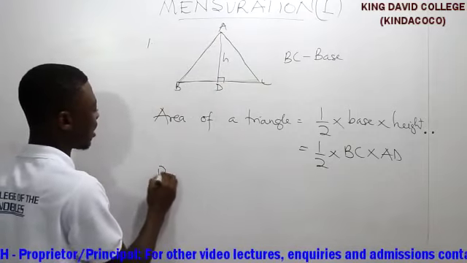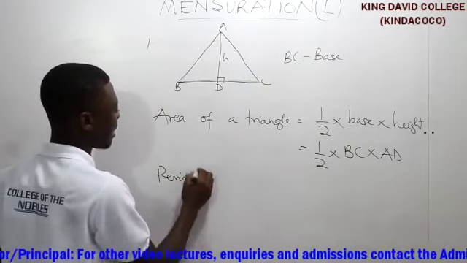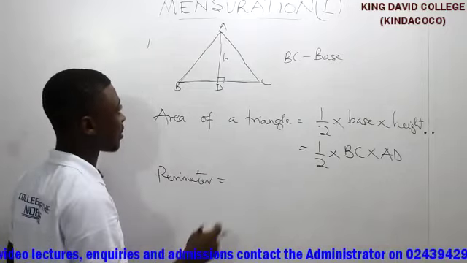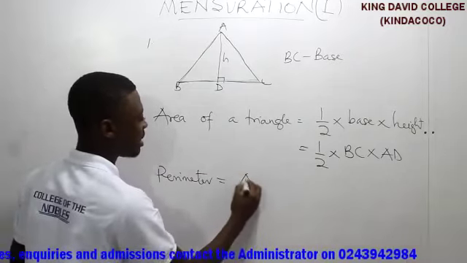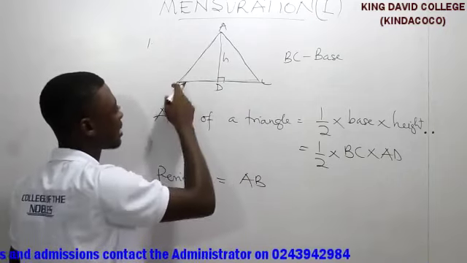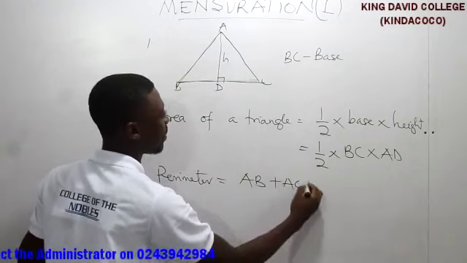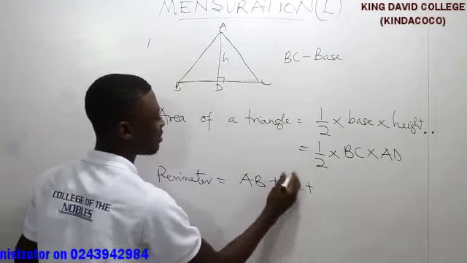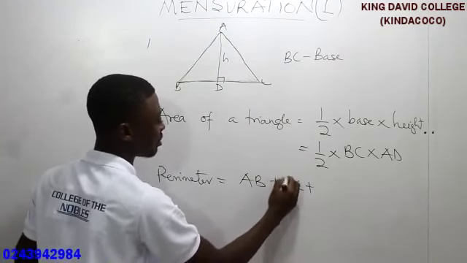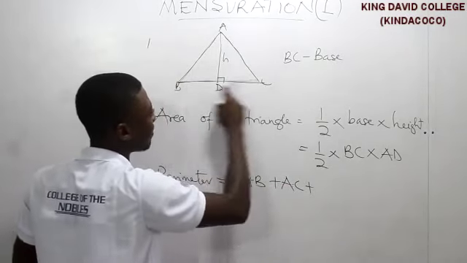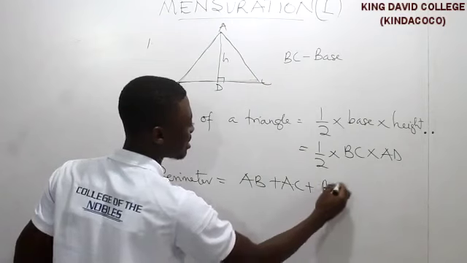So the perimeter of a triangle is AB, that is this side, plus AC, so this side plus this side, then plus BC.